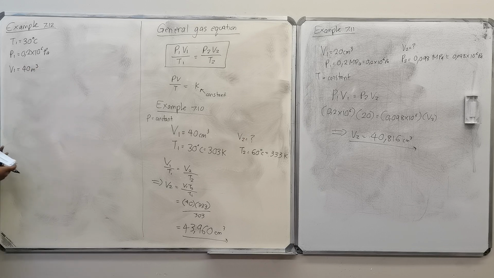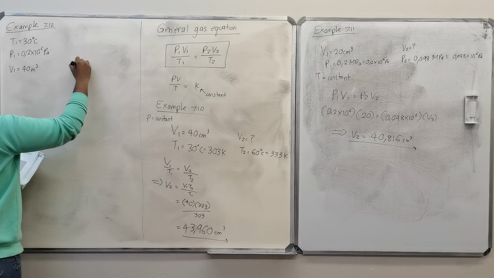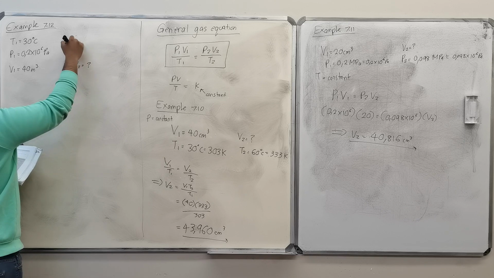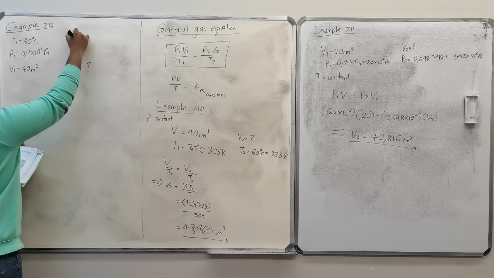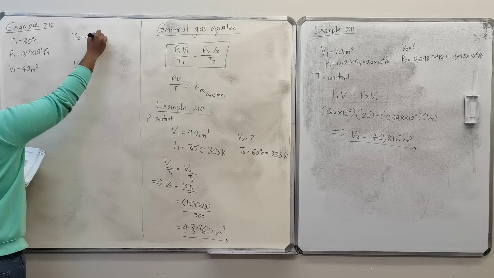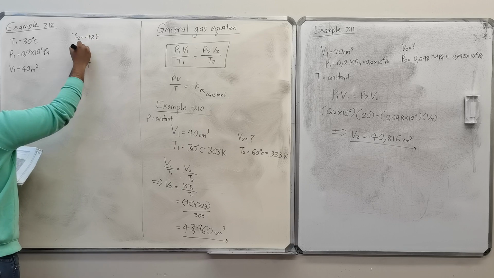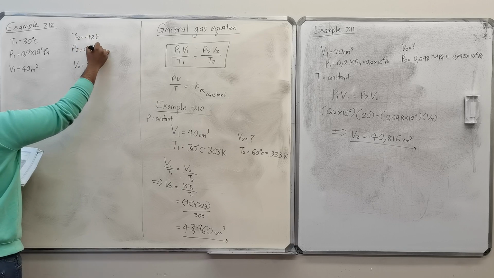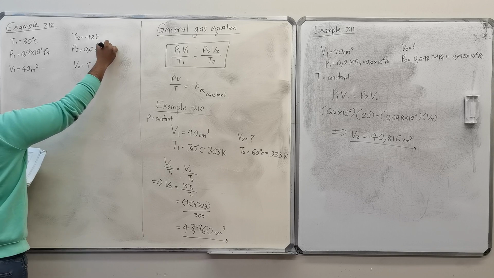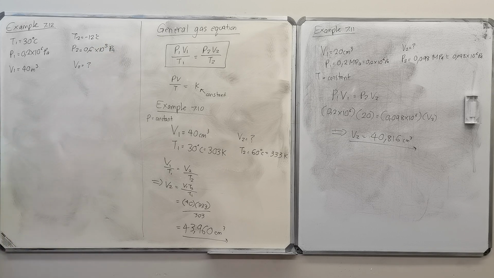Calculate the volume of the gas, so they want to know V2, given that T2 is equal to minus 12 degrees Celsius, and P2 is 0.6 times 10 to the 5 pascals. Right? That's the information they gave you.